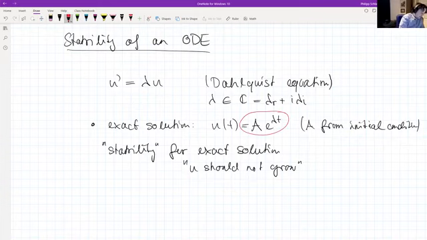So the condition for stability of the exact solution is that lambda r needs to be lower equal 0. So let me write it like this. Lambda r, being the real part of lambda, should be lower equal 0.